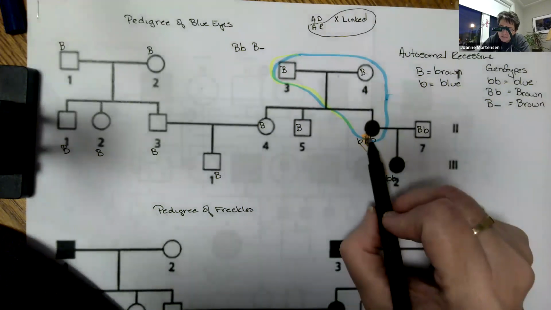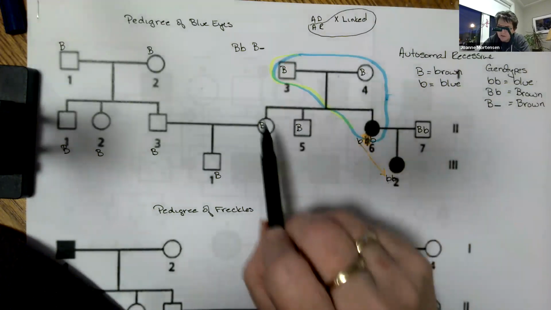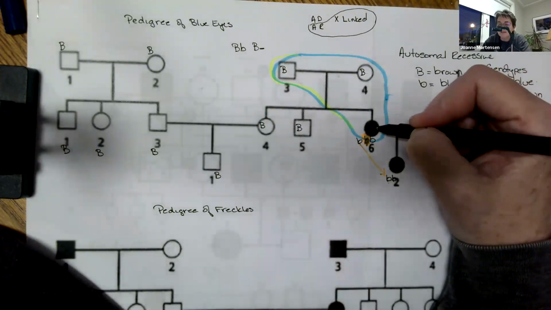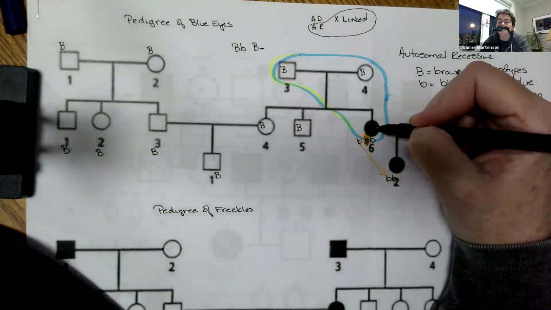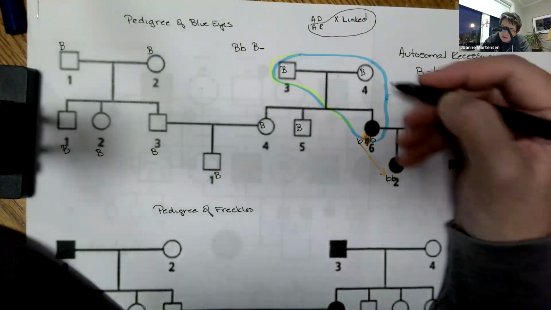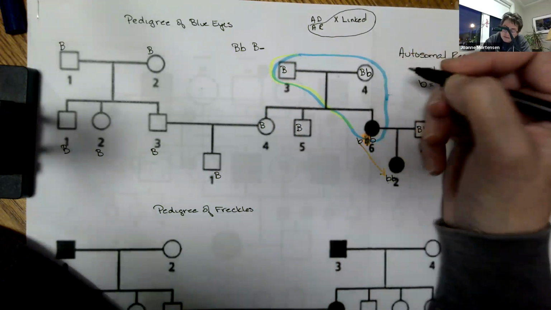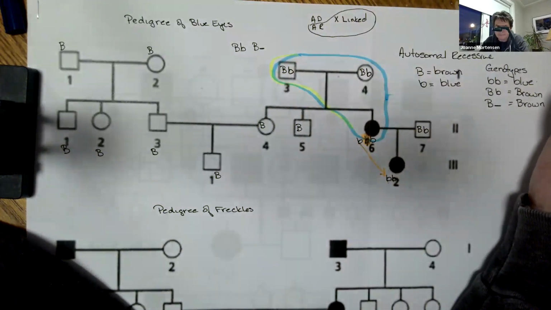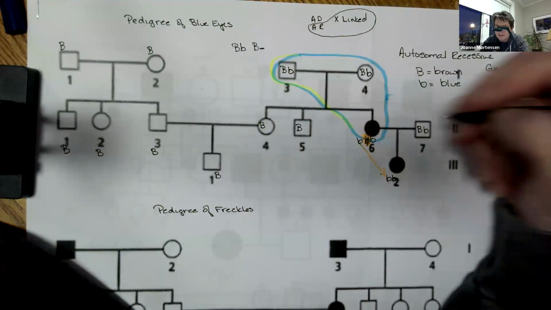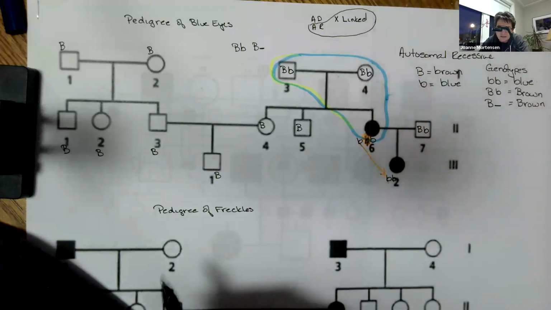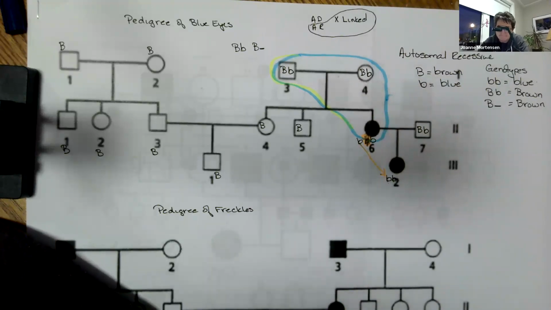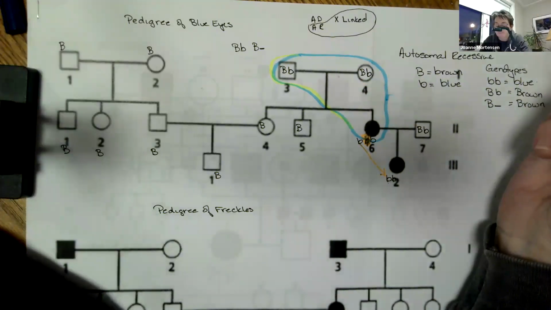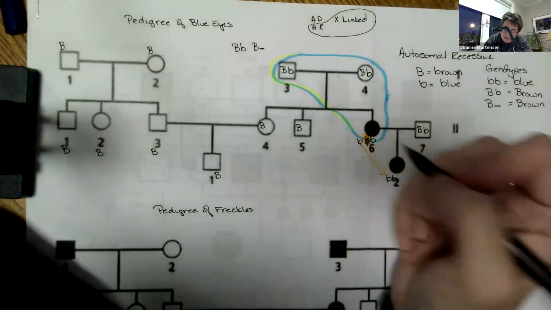And you know what? If we go up another generation, that's mom and dad's grandpa and grandma, for this girl to be blue-eyed, those little b's, those recessive genes, must have come from up there. Cool, right? We can trace that back. Now, all these other family members, I don't know. All we know is they have brown eyes.